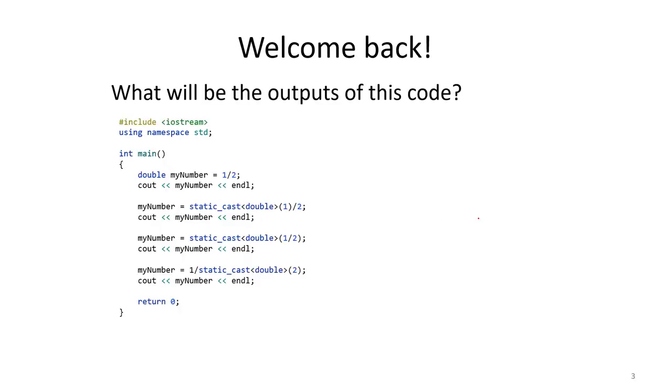So let's start with a little bit of review from last time. You'll recall that we covered static cast when we reviewed data types. And you'll remember static cast can be used to read variables of one data type as another data type.